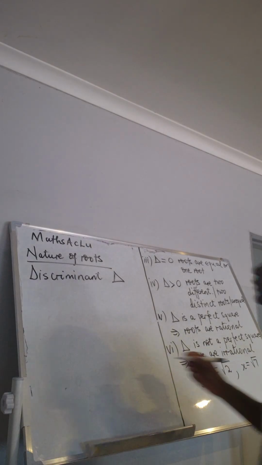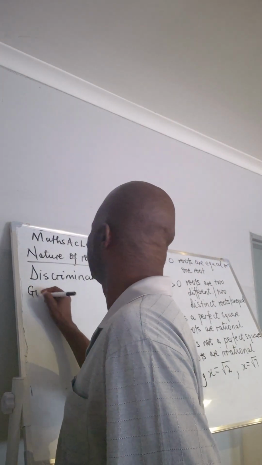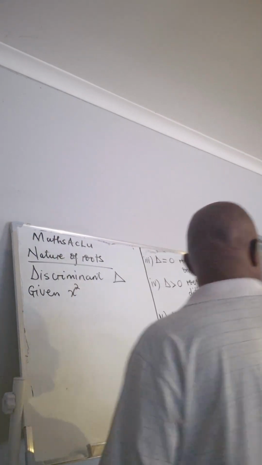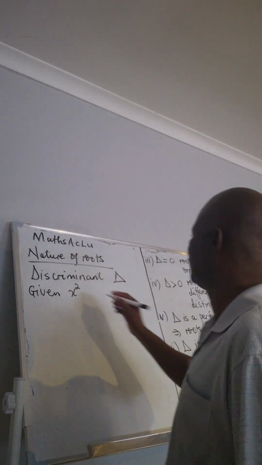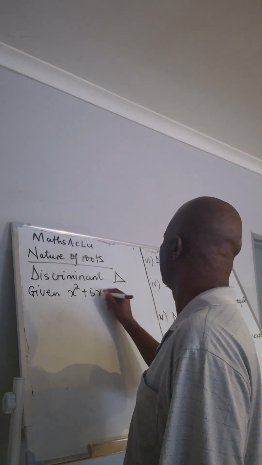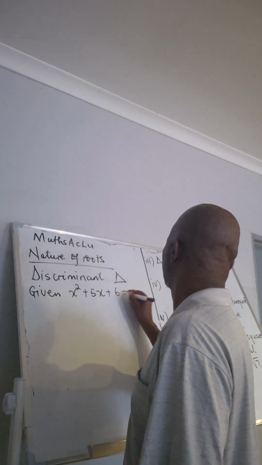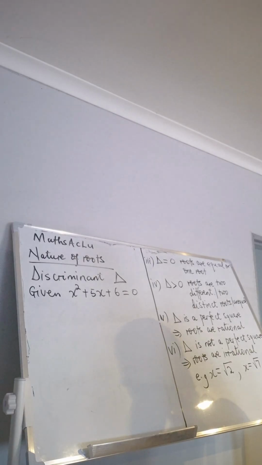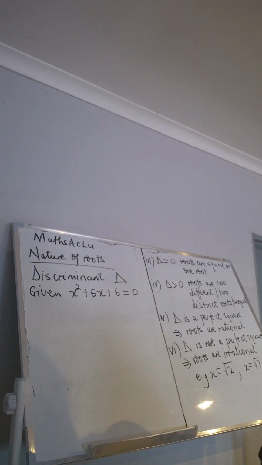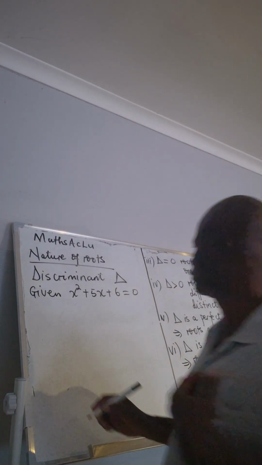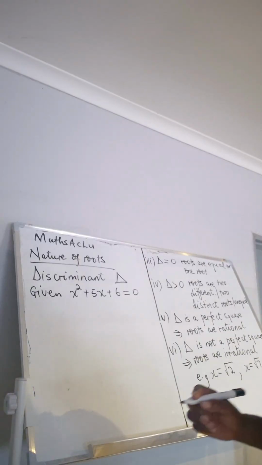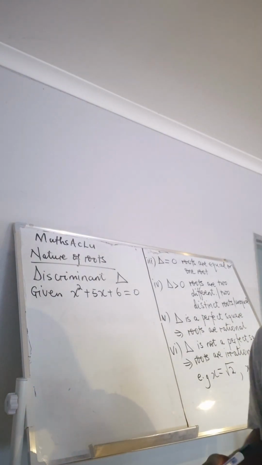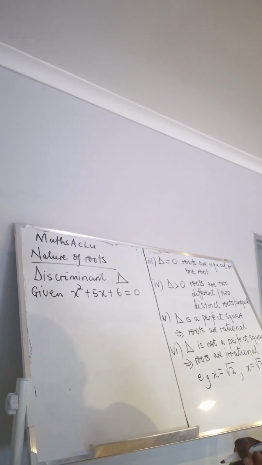Given x squared plus 5x plus 6 equal to 0. Without solving the equation, describe the nature of the roots.